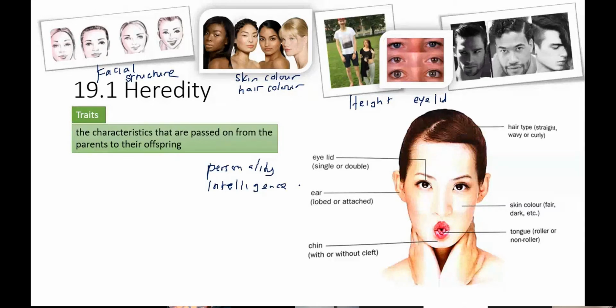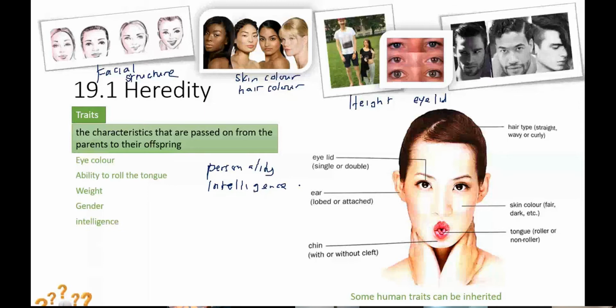How about weight? Yeah, weight also. Some human traits can be inherited. What are the other examples? Eye color, ability to roll the tongue also, weight, gender, intelligence.